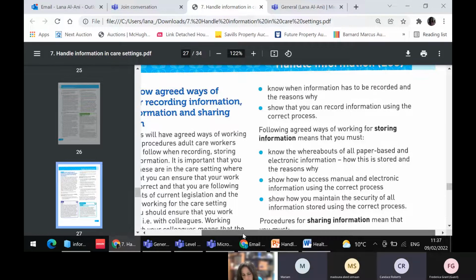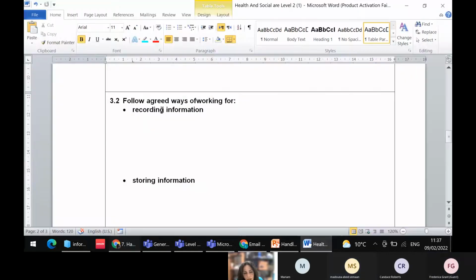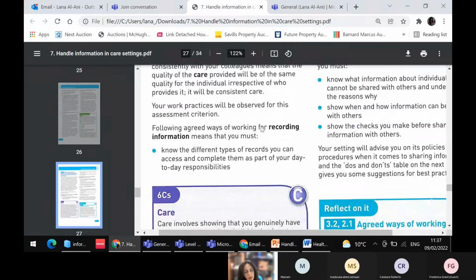Yes. So this is the first part where it says, if you follow the policy and procedure, how would you record the information? I say, I always in the workplace follow the policy and procedure in terms of recording data.